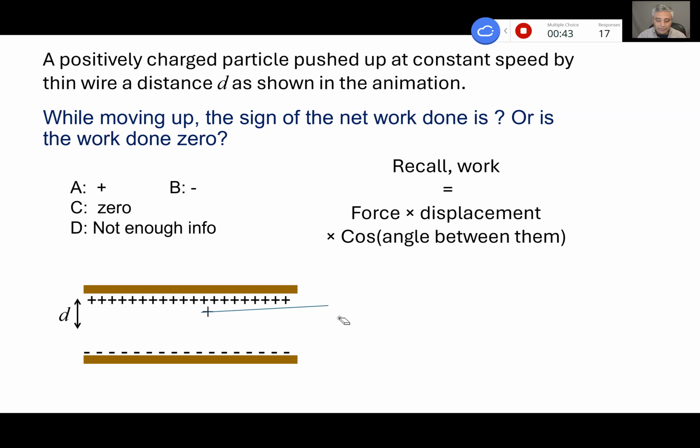So that's why we have to apply external force. Here it is talking about net work done, which means you need to find work done by all possible forces acting on it.